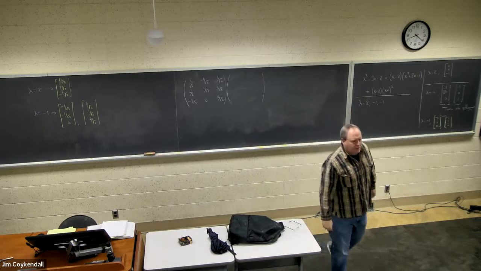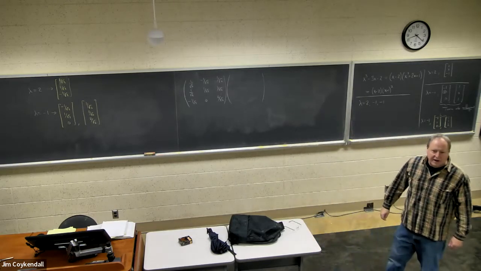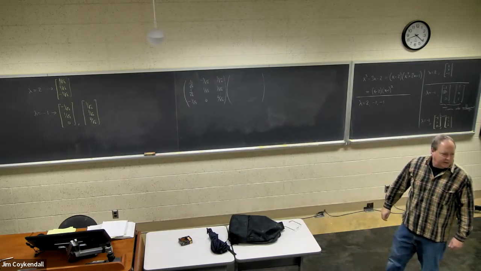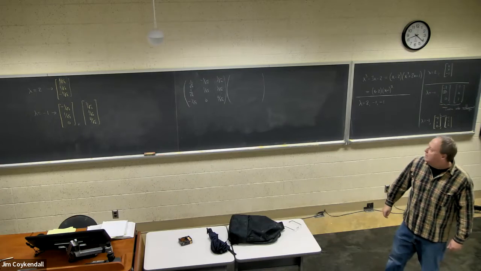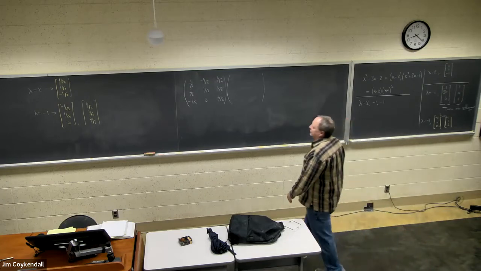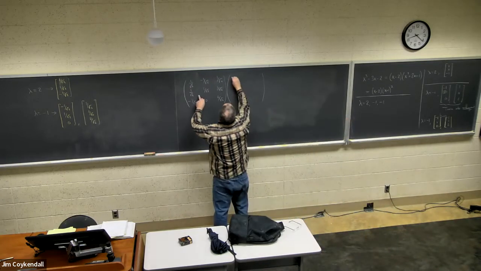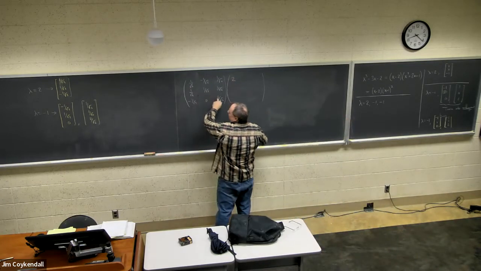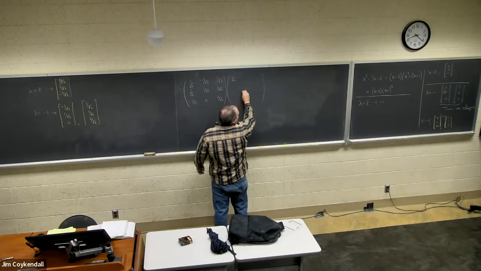And then there's the diagonal matrix. Anybody remember how we put together the diagonal matrix? Right, the eigenvalues in order of the eigenvectors put in there. So this one's the 2, and these other two are minus 1.